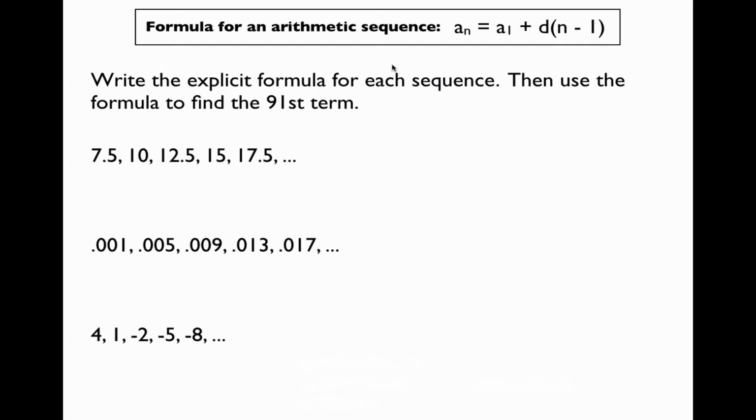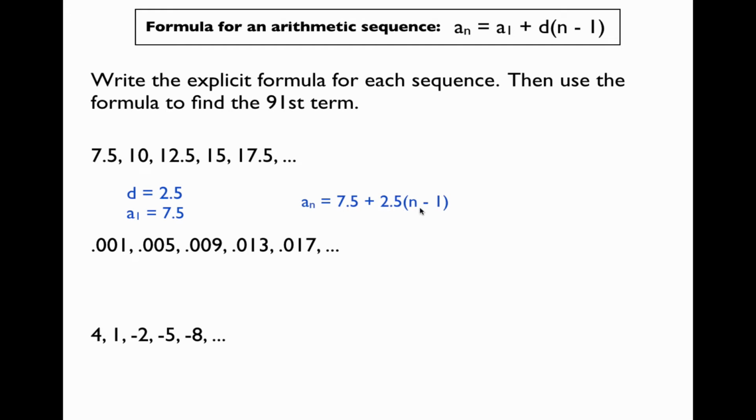All right, let's see how you did. So here for our first sequence, we have an initial value, or our first term, of 7.5, and the common difference is 2.5. So that allows us to write our explicit formula. And here it is right here. Our initial value, or our first term, is 7.5, and our common difference is 2.5.